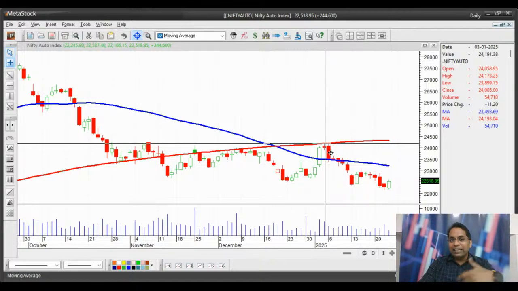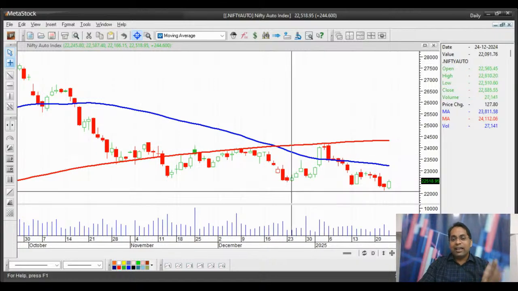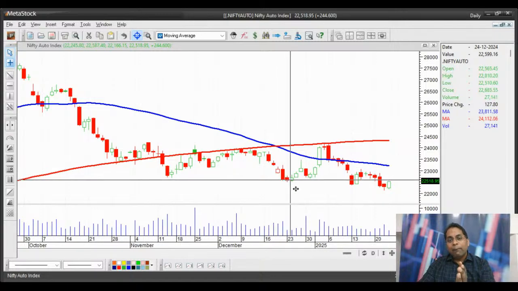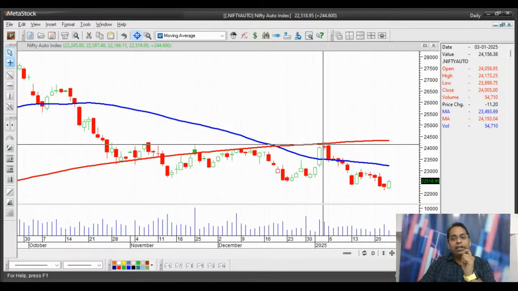I hope you are now getting the point that even after a death crossover, there are a few days of further correction, but a first retest of 200 DMA establishes whether the trend is strong or weak. अब ये रीडिंग देख के आपको क्या लग रहा है कि ऑटो इंडेक्स has confirmed a bearish death crossover. It tried to come back towards its 200 moving average, failed to sustain, which means यहाँ पे trend अभी भी थोड़ा weak है.